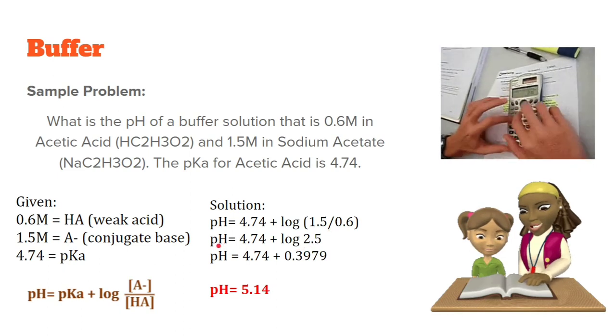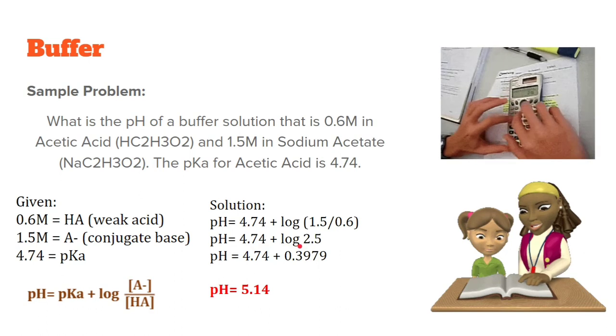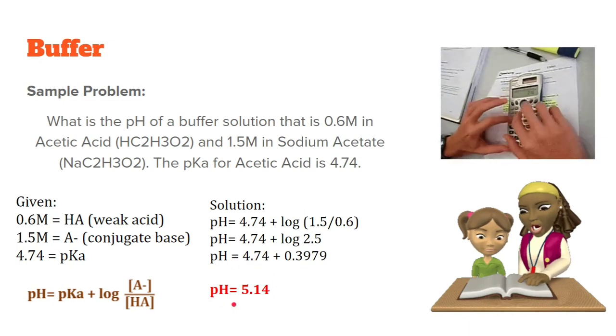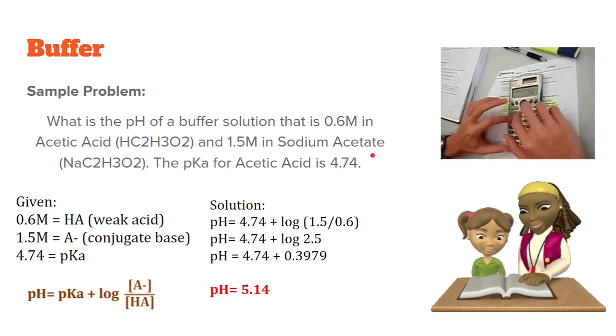So you will now come up with pH is equals to 4.74 plus log of 2.5. Next, calculate logarithm of 2.5. You will have 0.3979 plus 4.74. You will now have pH is equals to 5.14. Therefore, 5.14 is now the final answer to this question.